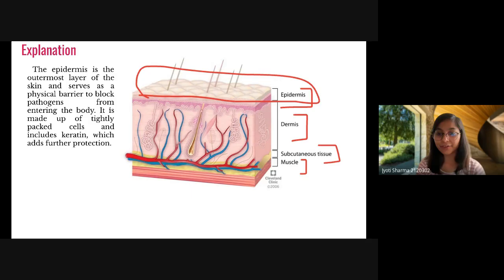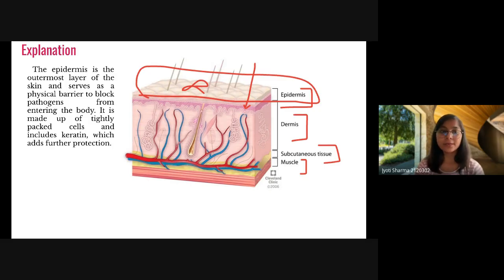So the first line of defense is epidermis, and most of the time this epidermis has dead cells. This layer doesn't have living cells, but it has dead cells, and this is the first line of defense. If it is broken down, then the bacteria can go inside and cause infection in the dermis layer, then subcutaneous, and in the muscles.